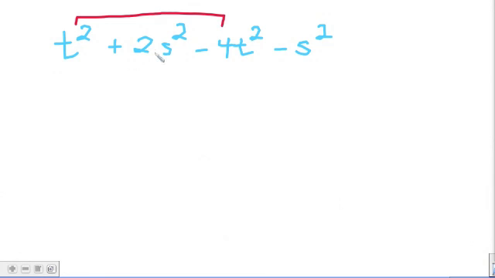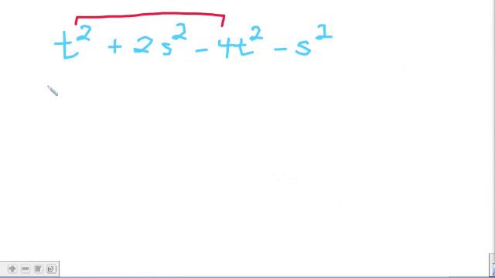All right, we have t squared plus 2s squared minus 4t squared minus s squared. Let's combine those like terms. Do I have another t squared? I do. Right there. I have lots of squares, but I need to pair up a t squared.